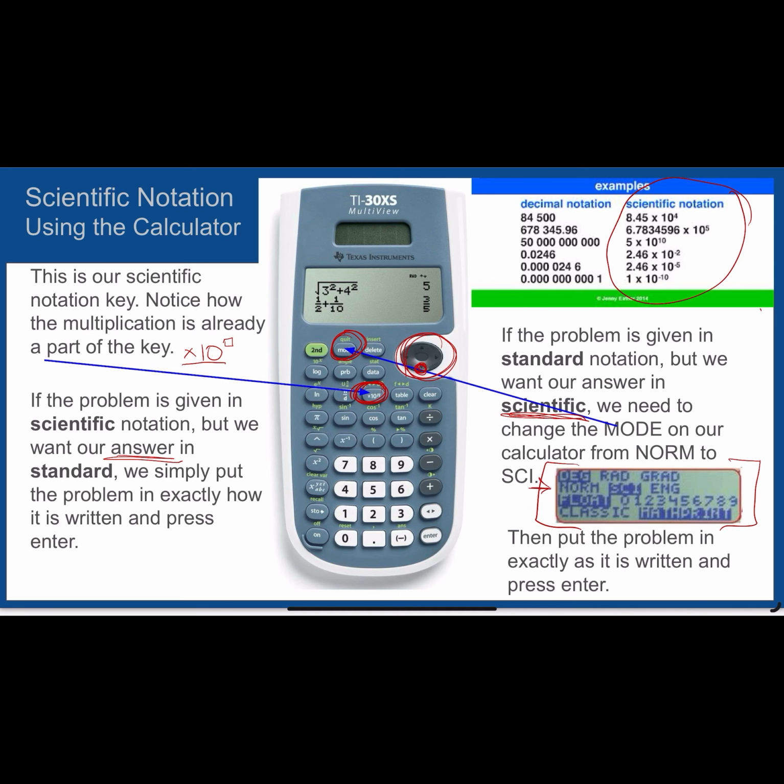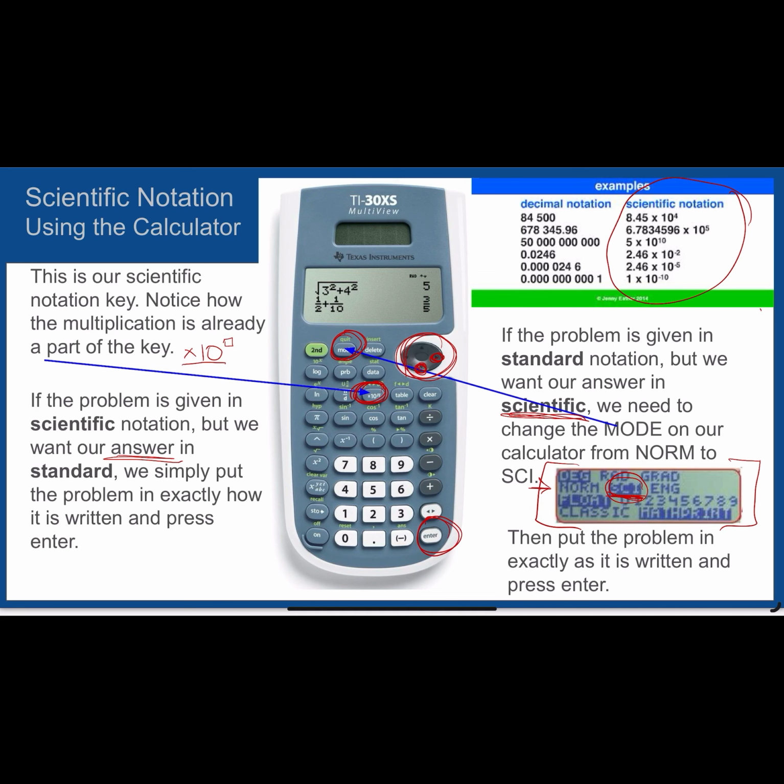And norm typically will be the one that is highlighted. We want psi, so then you're going to use the right part of the wheel to move over to psi, and it's going to start blinking. To keep psi chosen, you press enter.